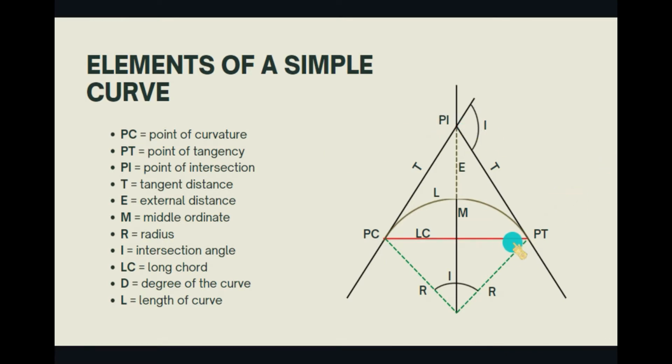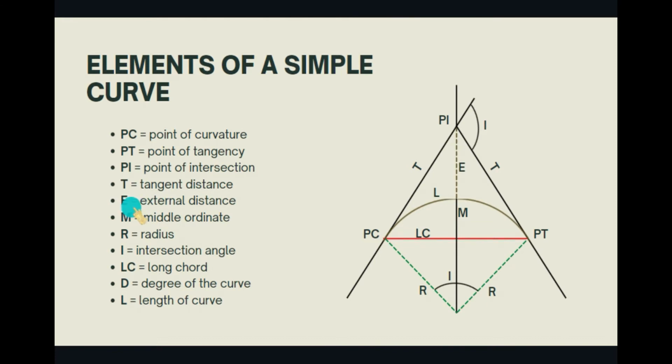It is the point where the two tangents meet. It is also called the vertex. We have tangent distance, which is the distance from the vertex to the PC or the PT. This tangent here is called the back tangent, and this tangent here is called the forward tangent.